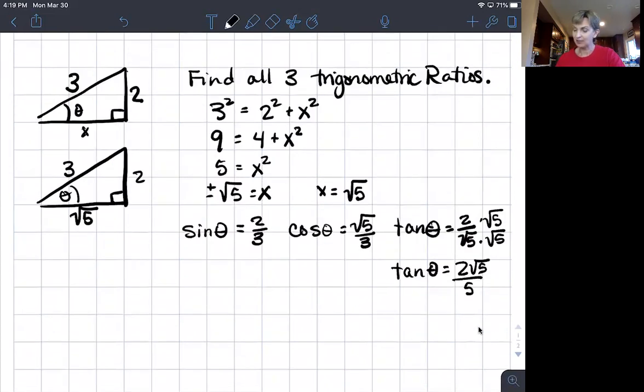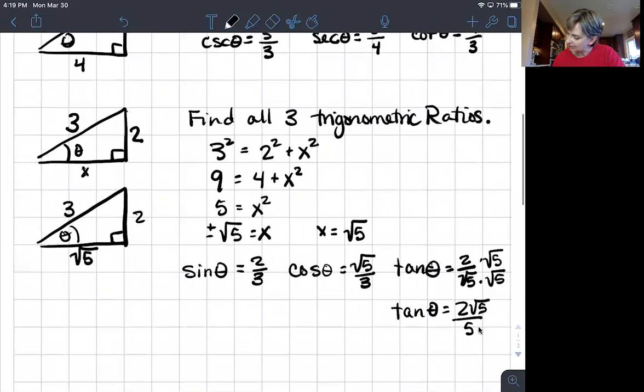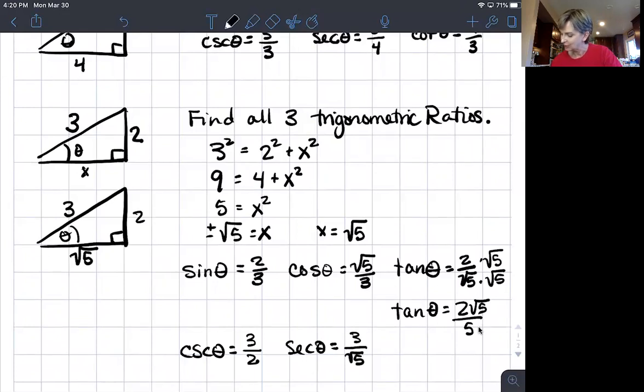Okay, now for the other 3, the cosecant, that's going to be the reciprocal of sine, and secant, well, that's the reciprocal of cosine, but there's a problem there. It's got a square root in the bottom, right?